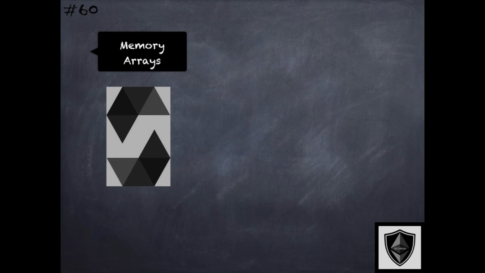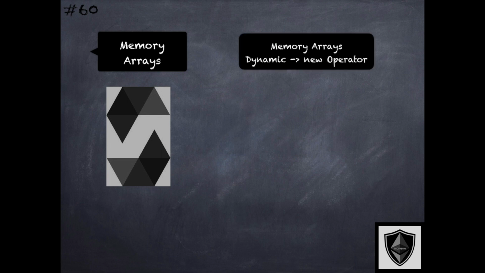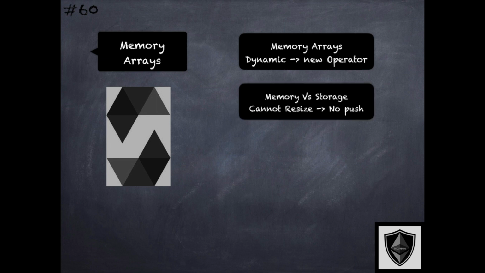Memory arrays. Memory arrays are really arrays that are created in memory. They can have dynamic length and can be created using the new operator. But as opposed to storage arrays, the difference here is that it's not possible to resize these memory arrays. So the push member functions are not available for such memory arrays.